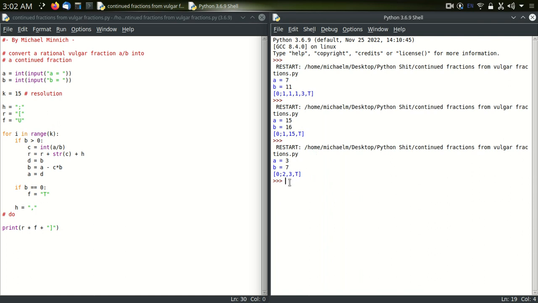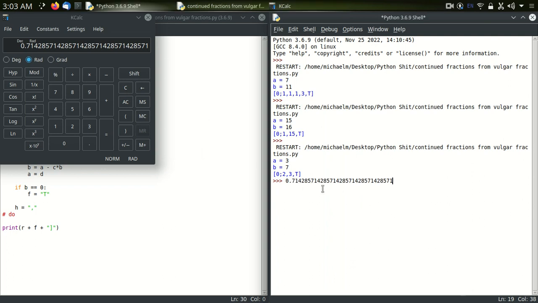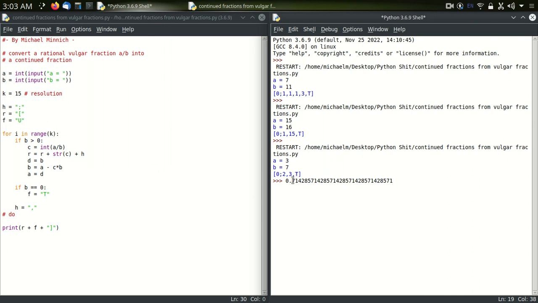Certainly works better than attempting to do something like 5/7 and then copy that and plug it in, because it's just going to see this as something like this, right?